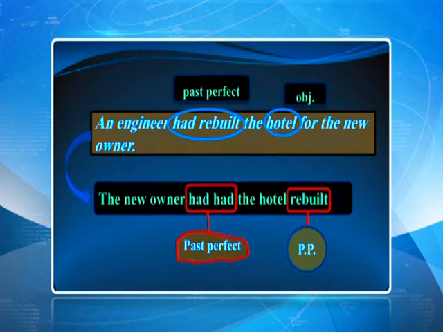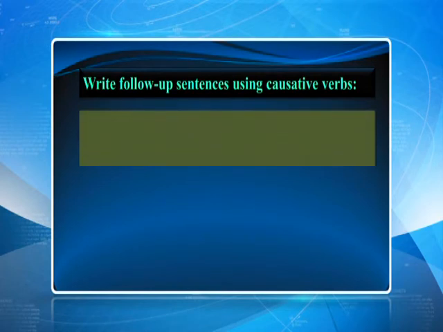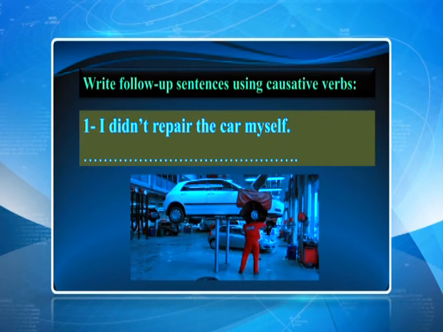Okay? All right. Now write down the follow-up sentences for the following sentences. Now think about that. Okay? It is a garage, and in this garage, I did not repair the car myself. So here, the subject caused the verb to happen.